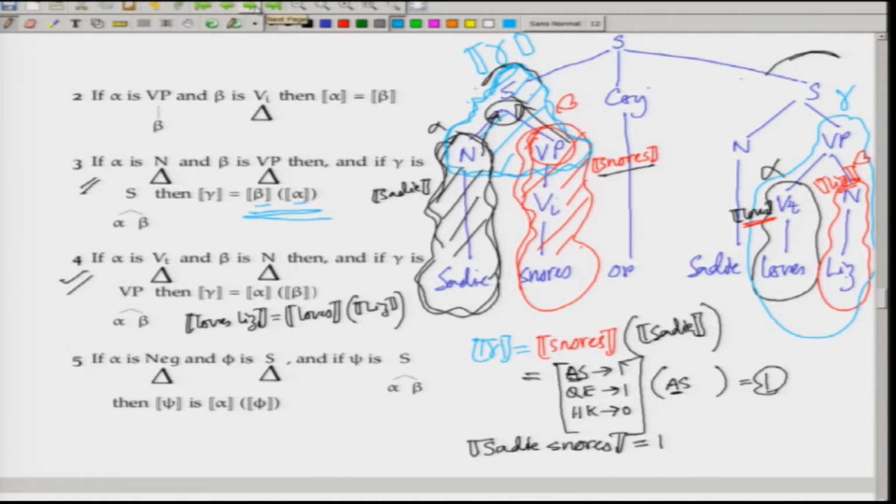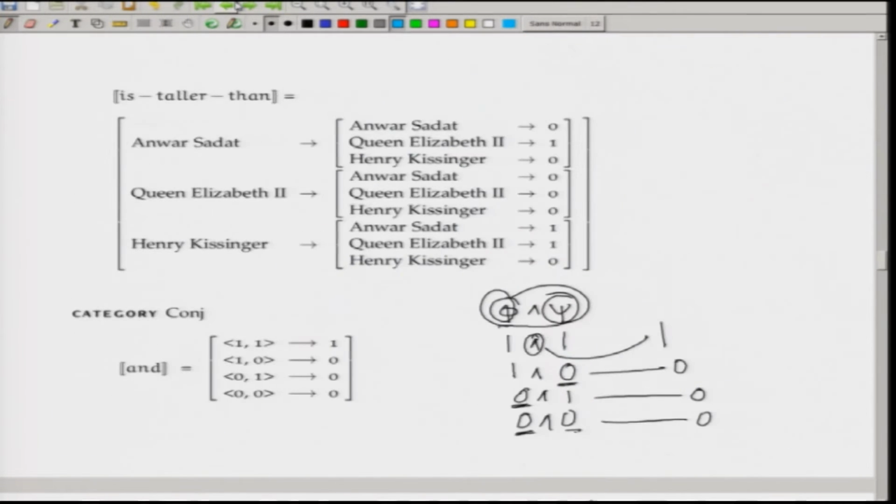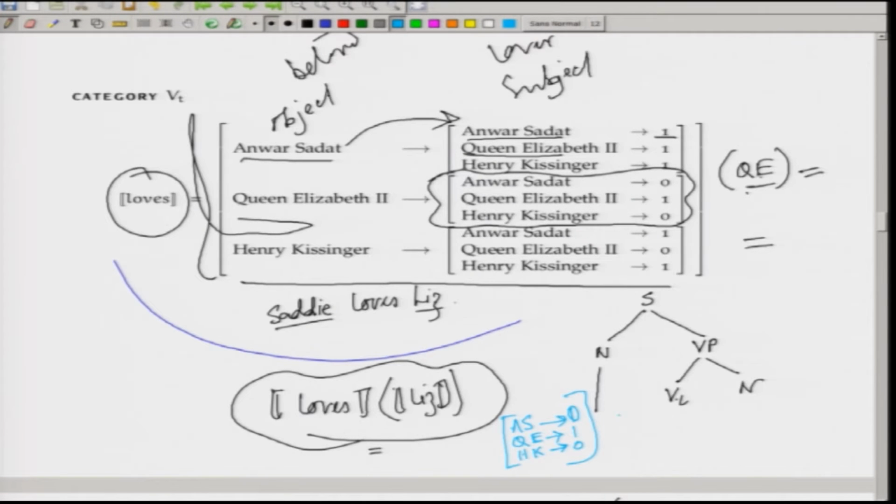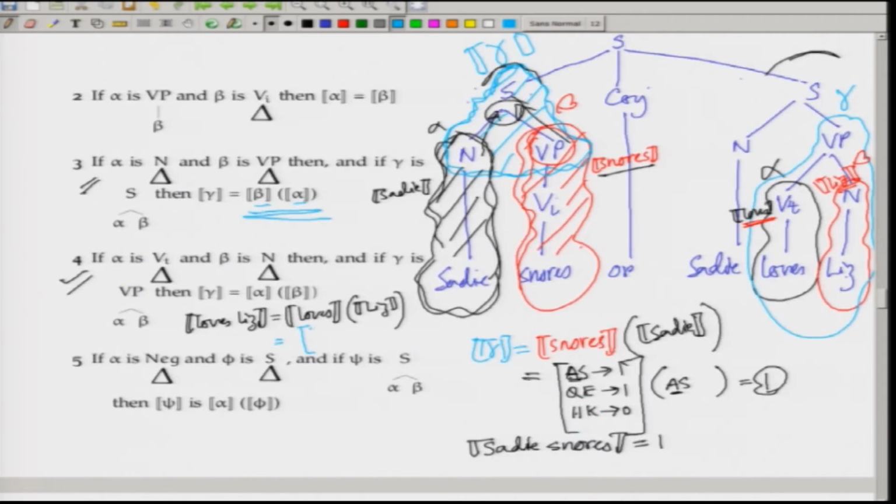So, we are actually here now, we are now considering this function, where once again a s is 0, q e is 1 and h k is 0. So it is 0 1 0 actually.